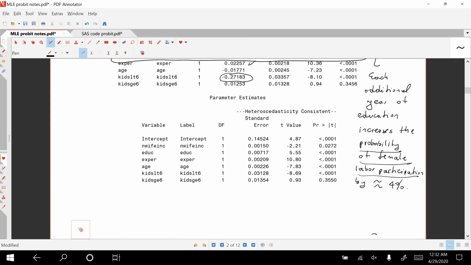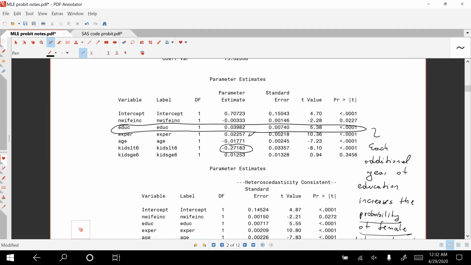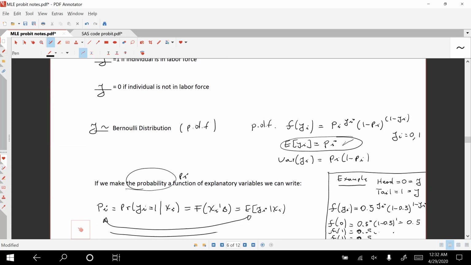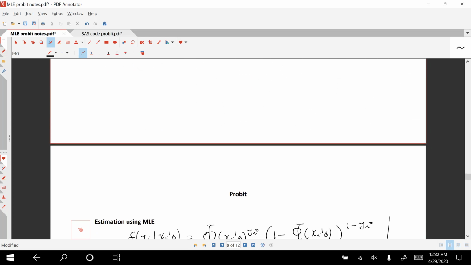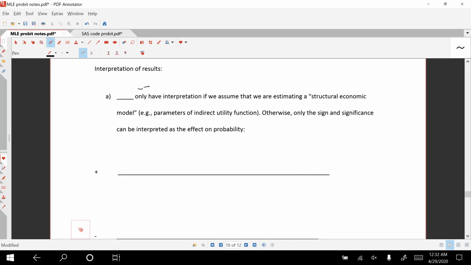Generally, when you are estimating these models, the parameters do not have a very straightforward and direct interpretation. Usually we are more interested in marginal effects rather than the coefficients. Most of the time the betas don't have an interpretation. The only thing that you interpret is the sign and the significance.